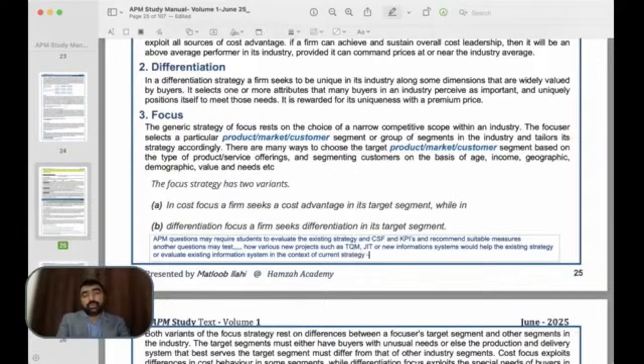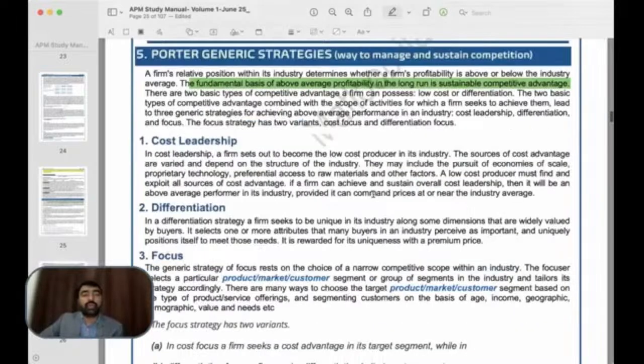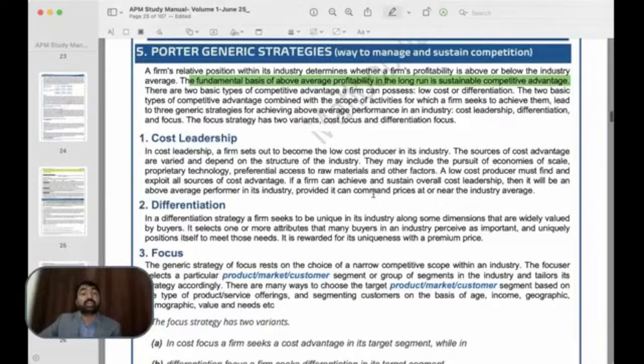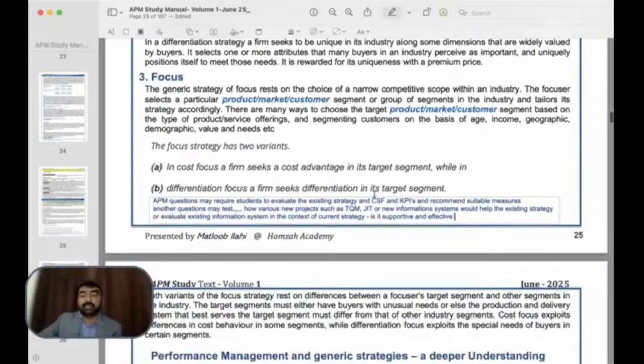So what you need to do is identify and evaluate whether the existing information system is supportive to the current strategy or not. Is it supportive and effective? I hope that you have understood how these topics are tested at APM level.